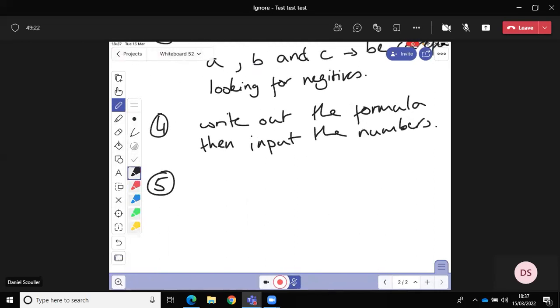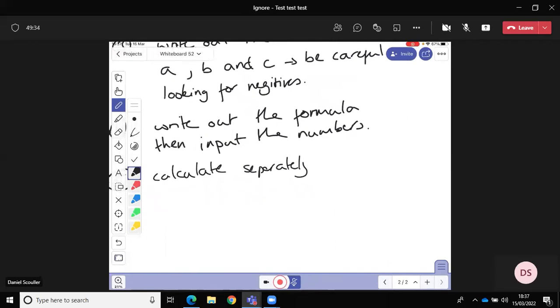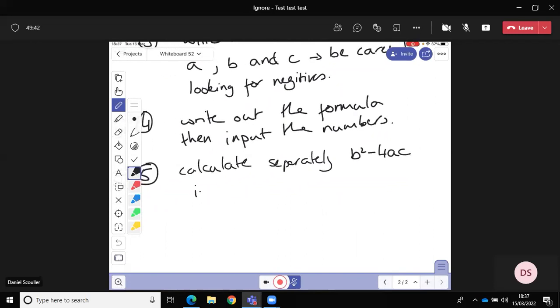Again, this is just an extra step, and an extra step I would say is worthwhile doing. I.e., the term under the root.